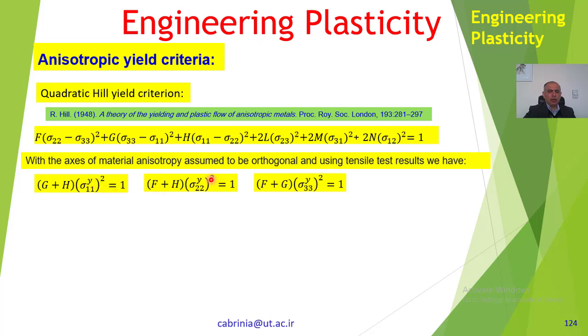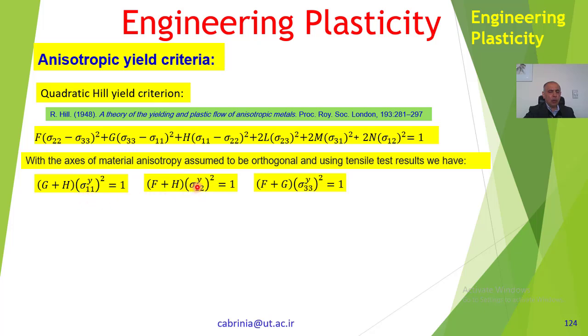Similarly, if we take a specimen along axis 2, then if we test that material, we get a different yield value, which is called sigma 22y. This is different from that. When we had isotropy, all these yield values would be the same.